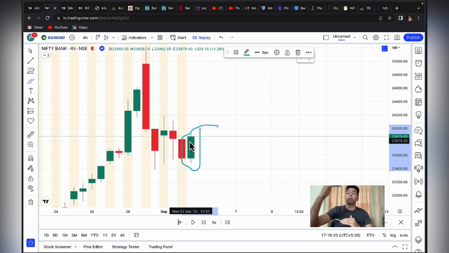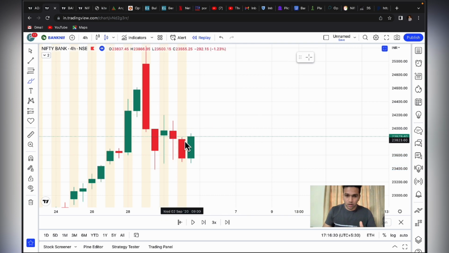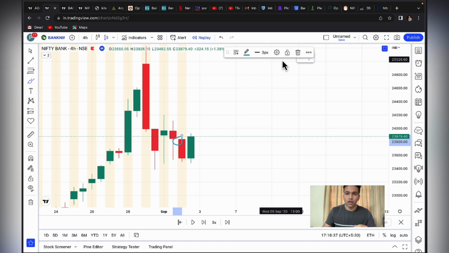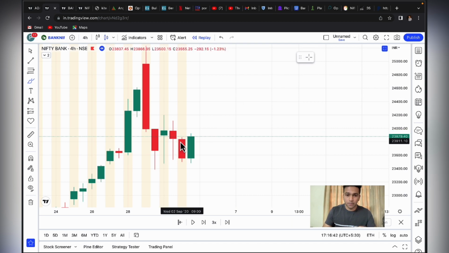It has to close above the previous open of the candle. So the bullish engulfing candle has to close above the open of this previous candle. In this case, the candle has closed above the open of this previous candle, so hence it is a bullish engulfing.